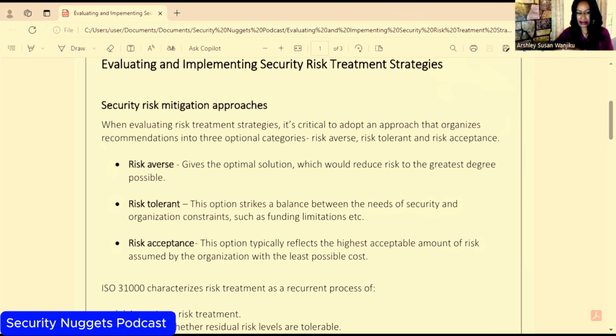And sometimes you can also find yourself tolerating what we call residual risk, all right? So after you take the risk-averse approach, when you're mitigating some of the risks, sometimes there's residual risk that's left. So you've put the controls in place, but still the risk is not guaranteed 100%.